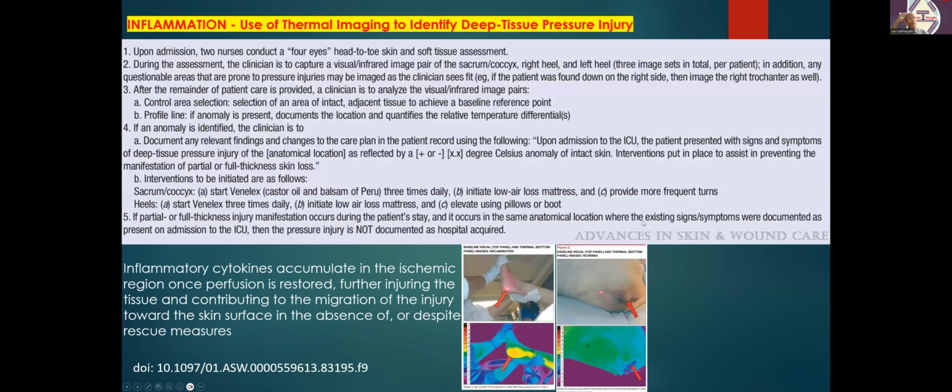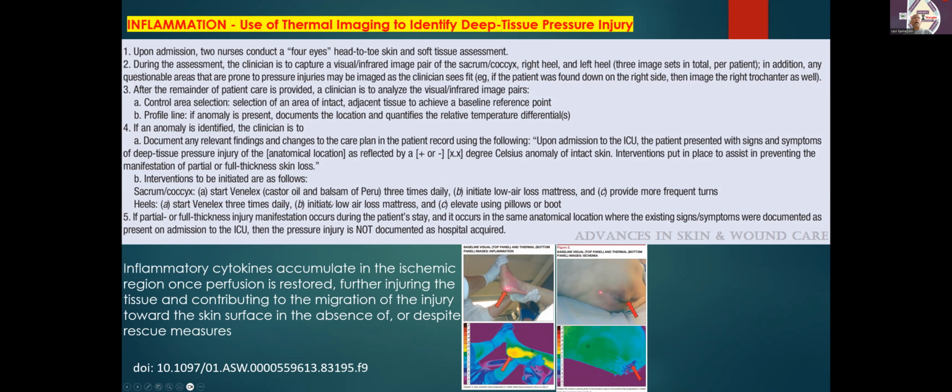So another aspect of local interventions is thermal imaging, which is being done now along with cytokines present at pressure ulcers, wherein two nurses can go in and capture visual infrared images of the sacrum, coccyx, and heel areas.